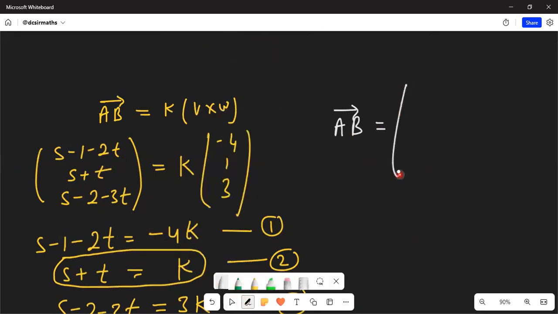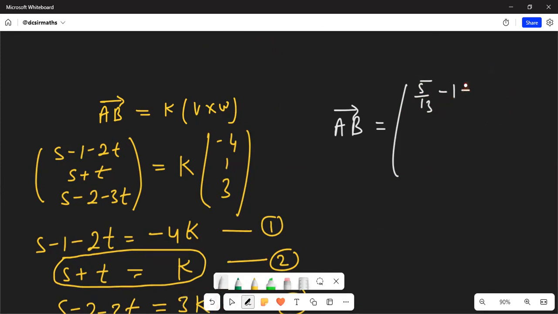So the AB vector is going to be, s means 5 over 13, minus 1 minus 2 times minus 6 by 13. 2 times minus 6 by 13, can I write it together? Plus 12 by 13. Makes sense?